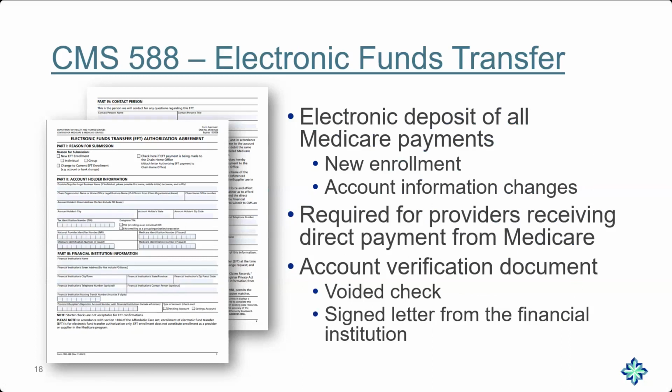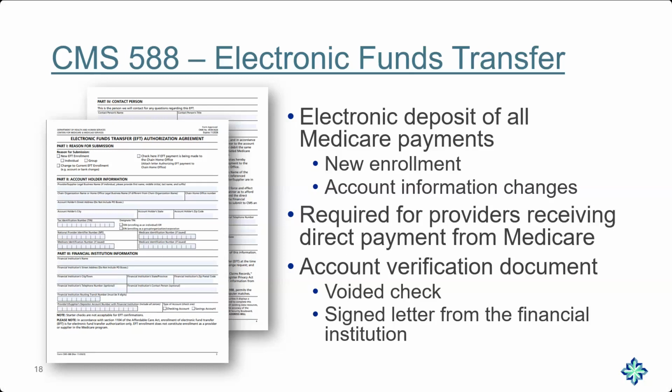So if the bank account changes, if the routing number changes, that all needs to be reported to make sure that the funds are moving smoothly. Providers are required to receive their payments electronically. Medicare does not issue paper checks. And then along with this form that asks for bank information, account information, it'll ask for contact information to make sure that we're setting this up correctly.